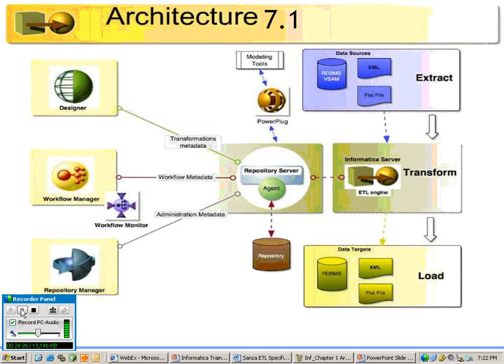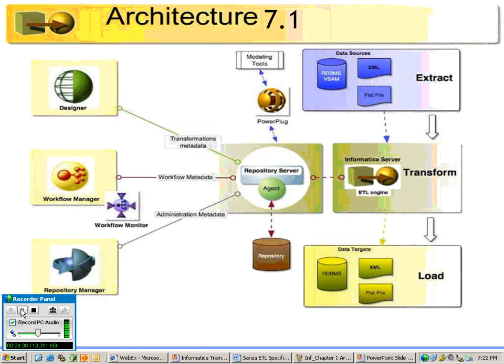Then while loading the data, if you want to monitor it, you will use the client tool called Workflow Monitor. And also while doing the ETL process, the Informatica server will create a file called a session log file. In that, everything will be written, success or failure, all the information will be written in that log file.